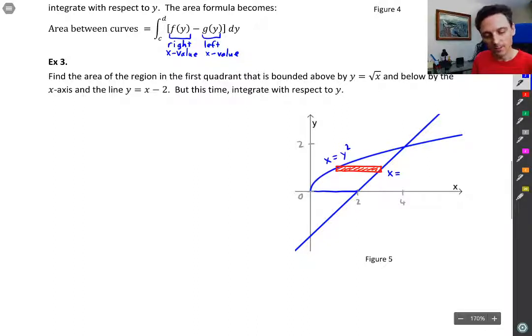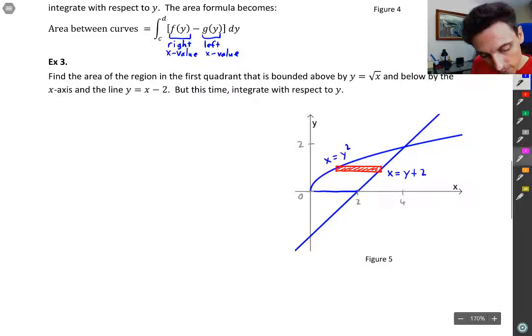Now for the line, x equals what? If you said x equals y plus 2, that would be correct. All you have to do is take the y equals x minus 2 equation and solve it for x. So add the 2 over, and you've got x equals y plus 2.